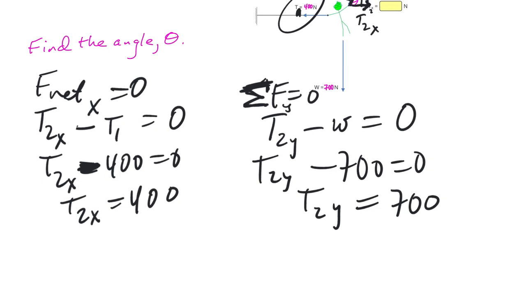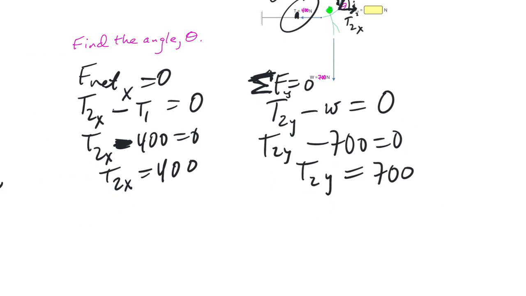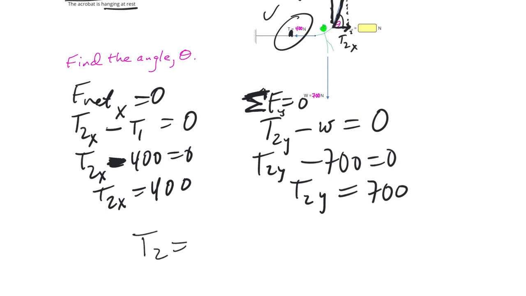Okay, now, if I were to ask you to find T2, that's Pythagorean theorem because you got the X and Y components. T2Y squared plus T2X squared. I'm just using Pythagorean theorem with this triangle right here.